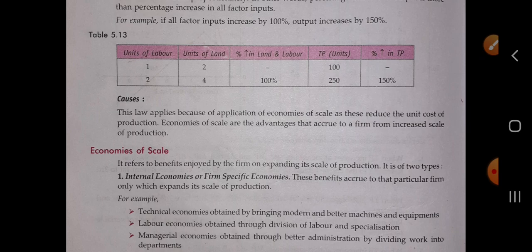It is simply a benefit which is enjoyed by any producer by expanding its scale of operation. कि कोई बिजनेस मैन है, अपने बिजनेस को एक्सपैंड कर दिया, तो जो उसको बेनिफिट मिल रहा है, वो जो बेनिफिट वो गेन कर रहा है दैट इज़ कॉल्ड इकोनॉमीज ऑफ स्केल. Okay, simple, the benefit which any producer or the firm is enjoying by expanding their scale of operation is called the economies of scale.